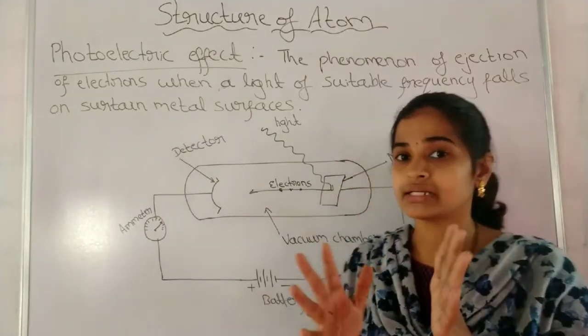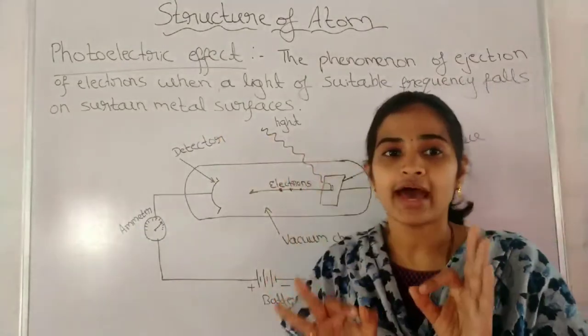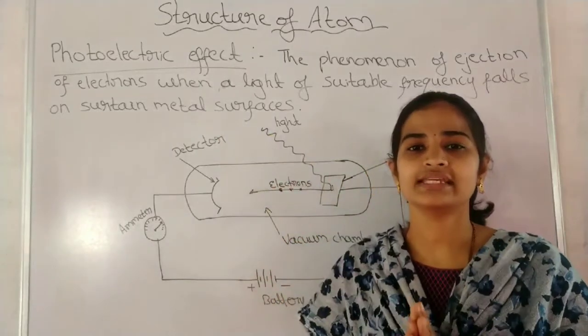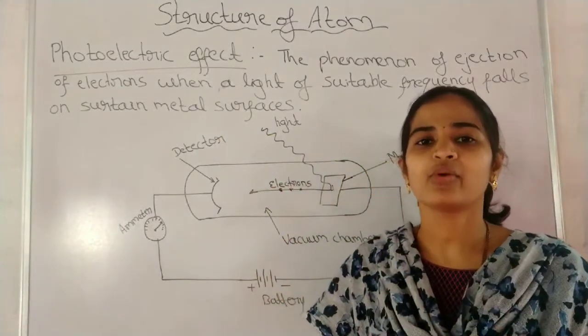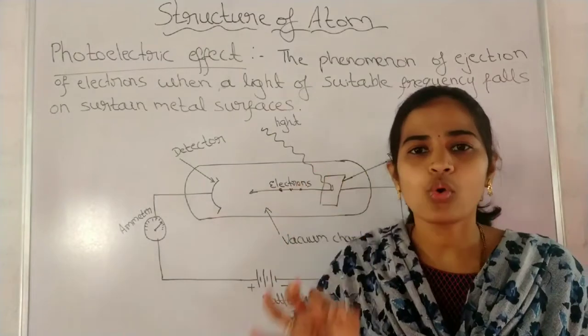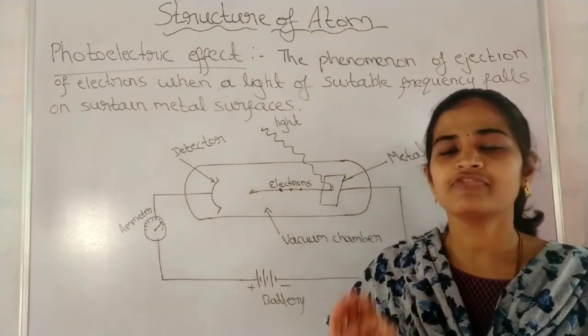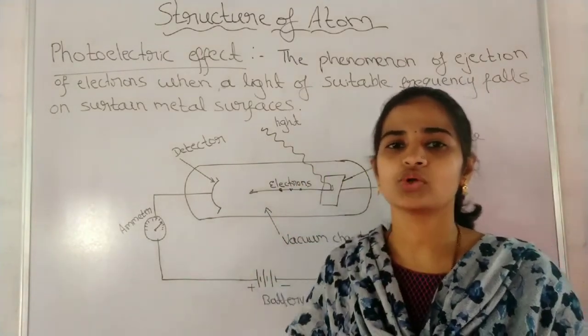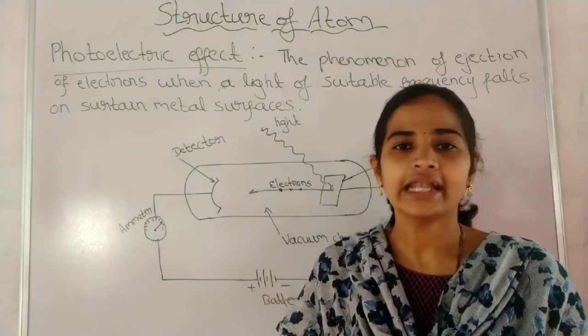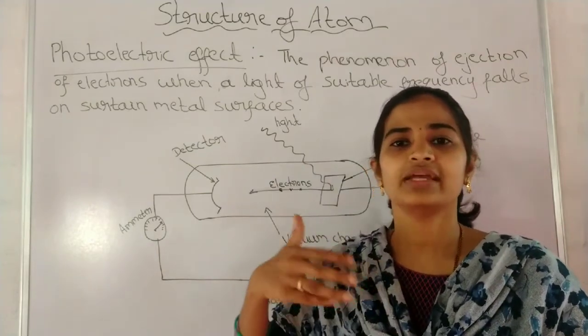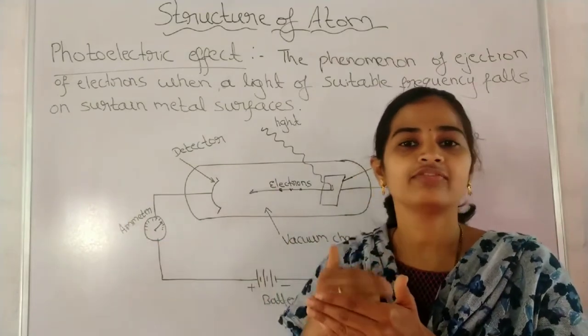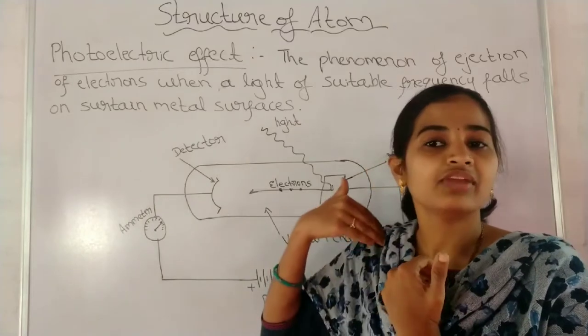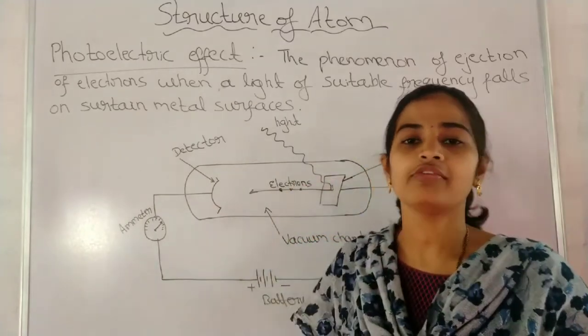But the light should have a suitable frequency. That frequency is called the threshold frequency. If your light is below the threshold frequency, however intense it is, whatever its brightness, there will not be ejection of electrons.